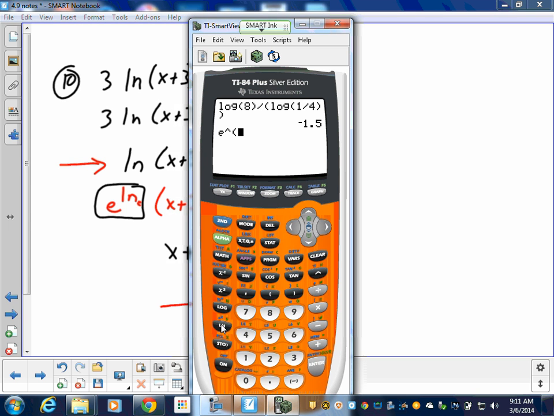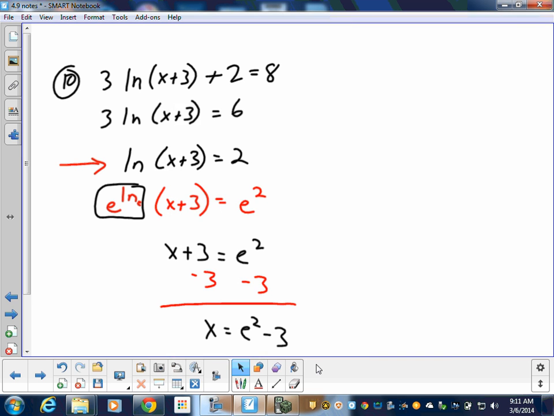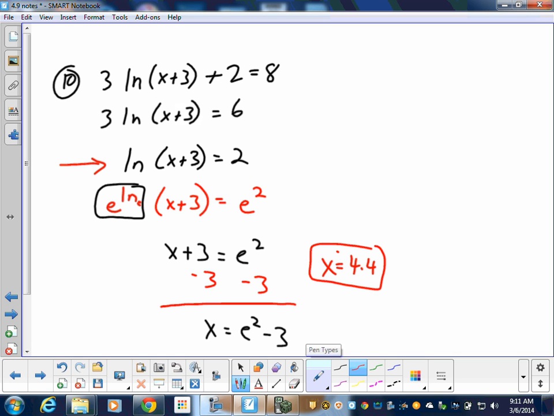I want e squared minus 3. And then it's 4.4. So x equals 4.4. That's it. Go back up here, plug in 4.4, and it'll work. Plug in e squared minus 3 right there.